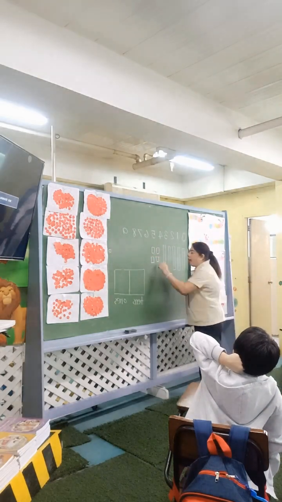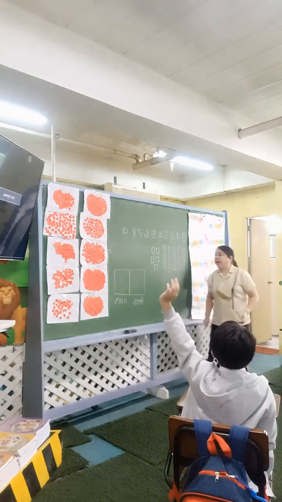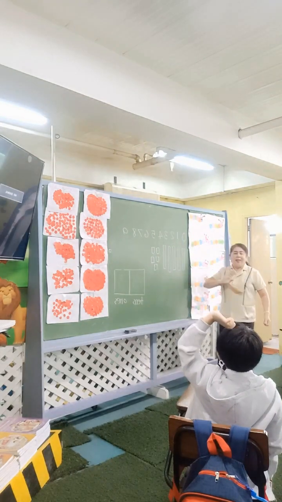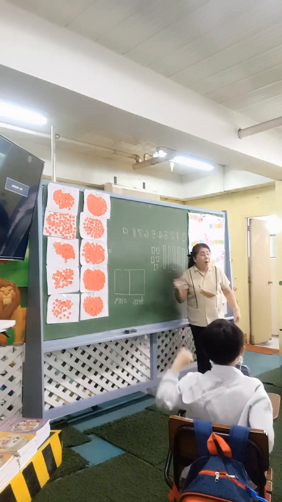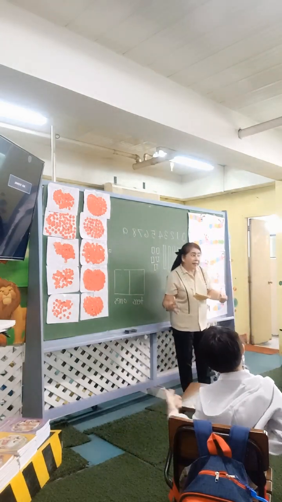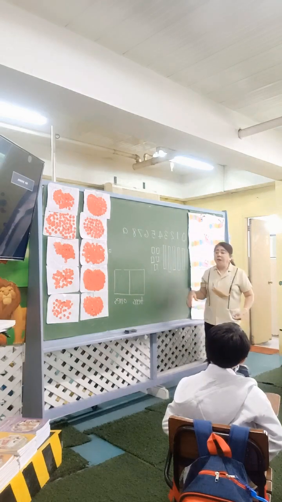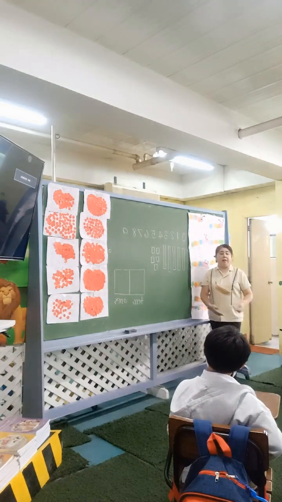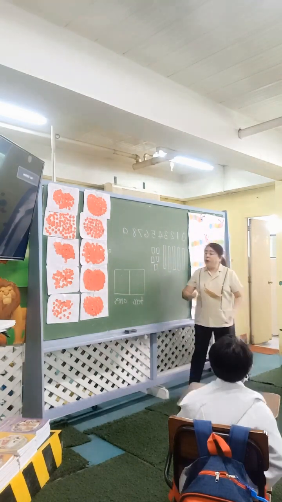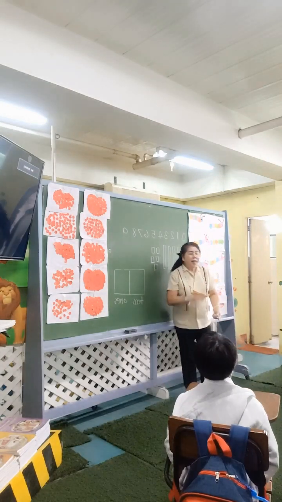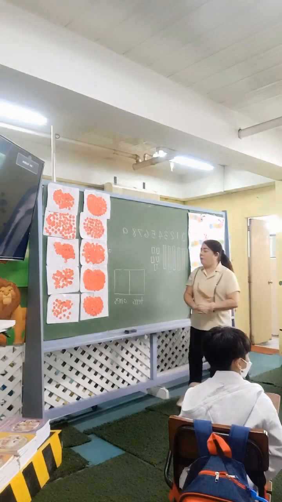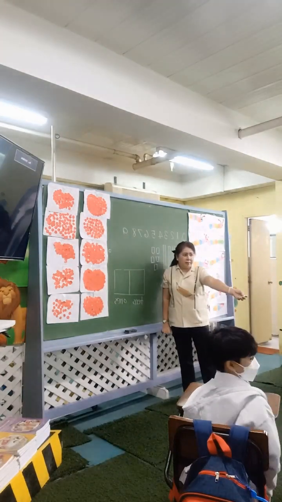Including me, 5. Okay, ready? Let's start with the apartment. Always start with the apartment. So count. How many apartments are there? There are 5. Where are we going to put the number 5 in the house? Stella? In the ones.